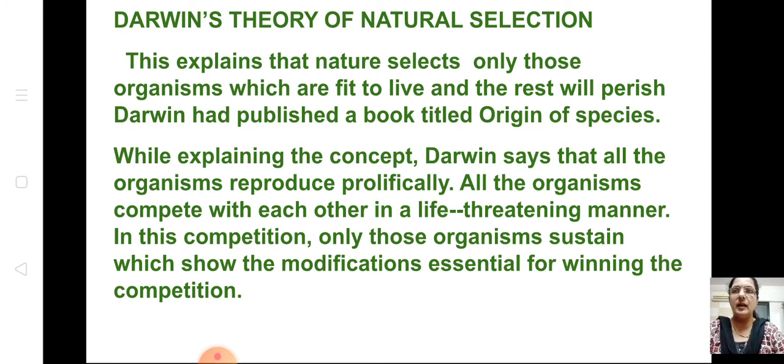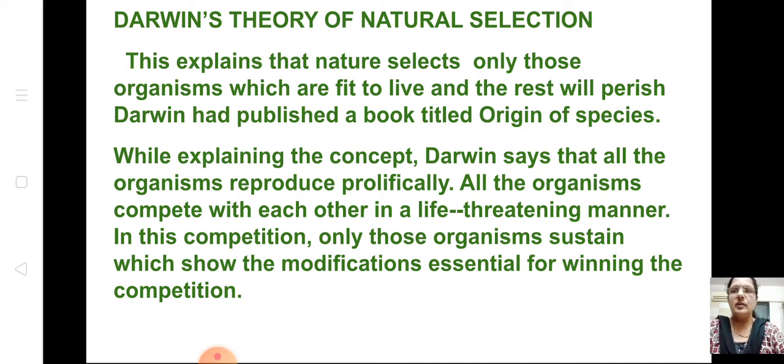Darwin published a book called Origin of Species. While explaining the concept, Darwin says that all the organisms reproduce prolifically. All the organisms compete with each other in life, to live a better living.